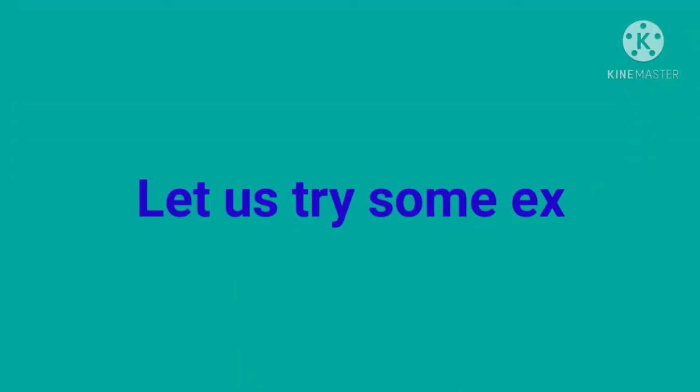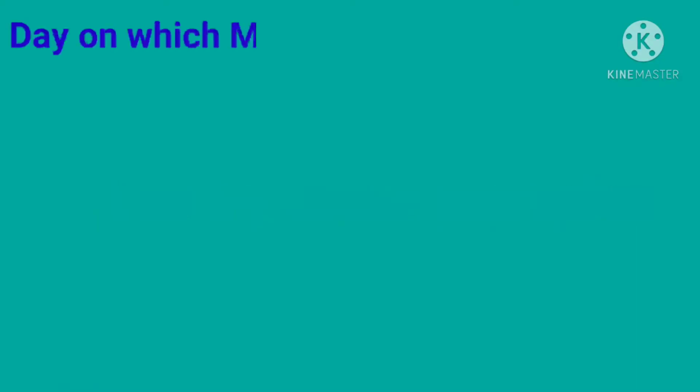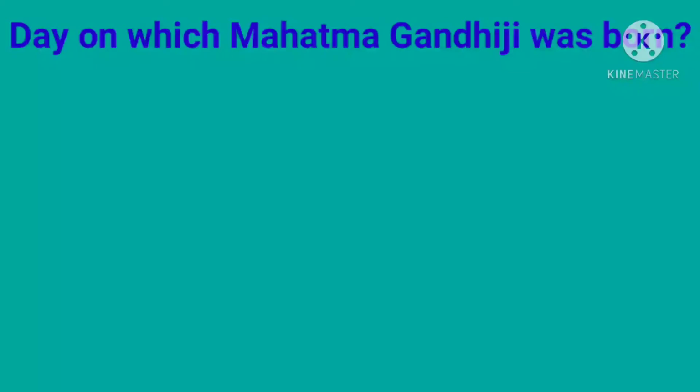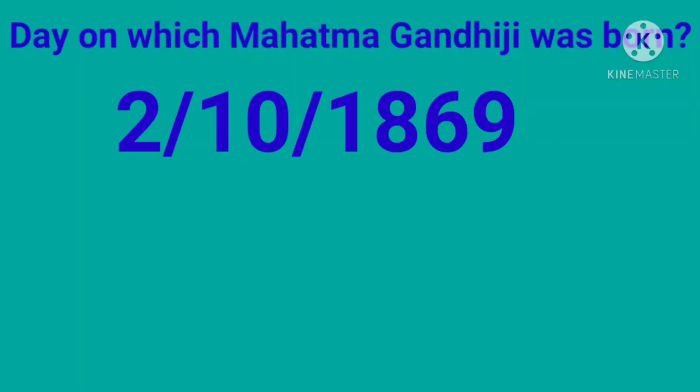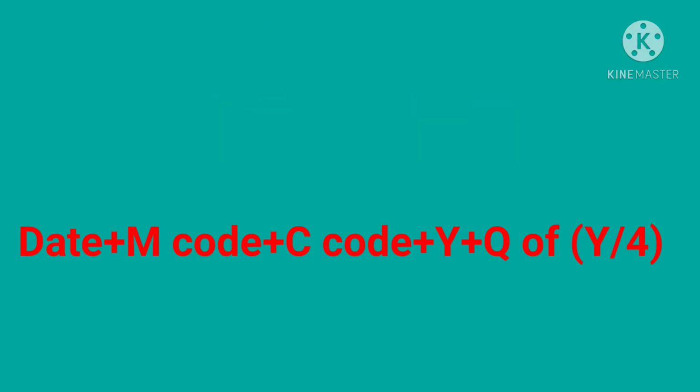Now let us try to find the day on which Mahatma Gandhiji was born. His date of birth is 2nd October 1869. The formula is very simple: date plus month code plus century code plus year plus quotient of year divided by 4.